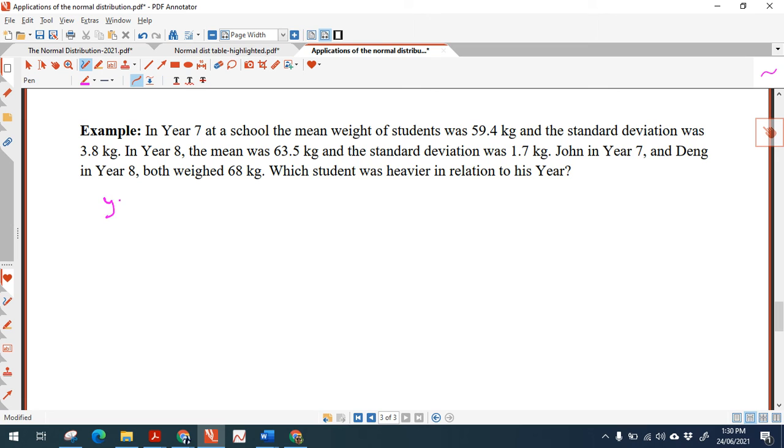Now, they tell us for year 7 that the mean is equal to 59.4 kilograms, and they tell us that the standard deviation is 3.8.